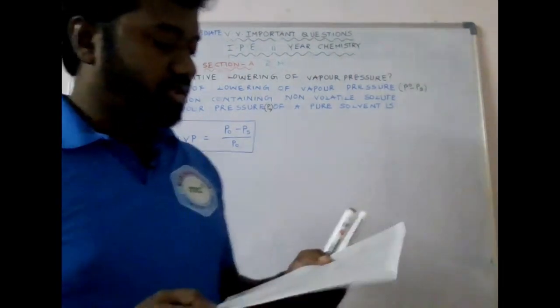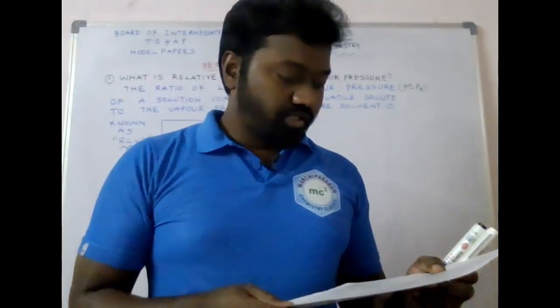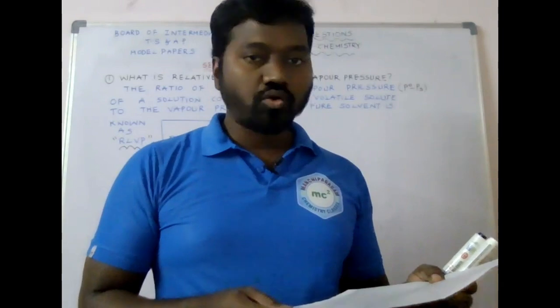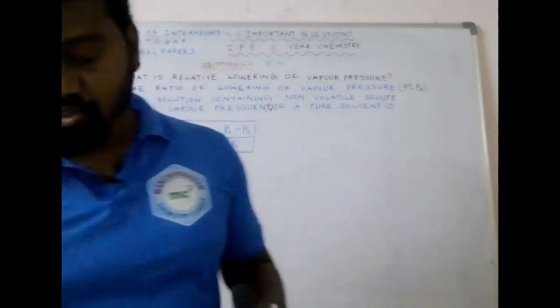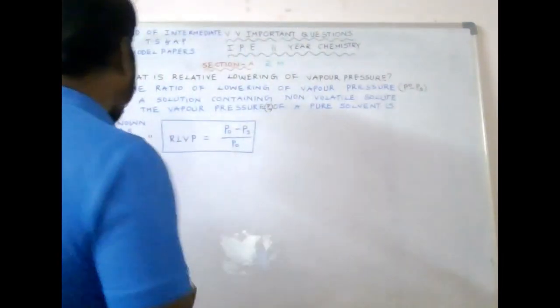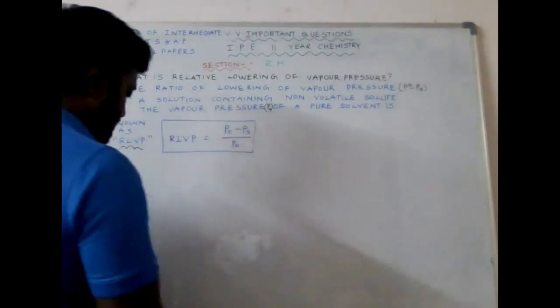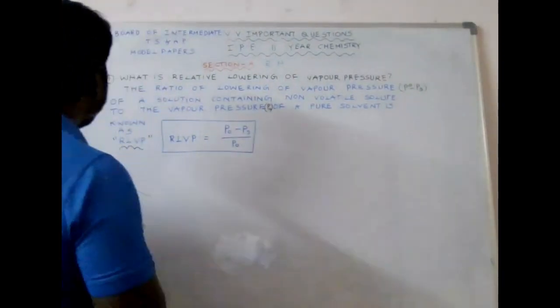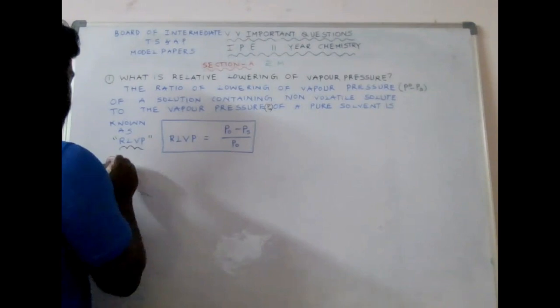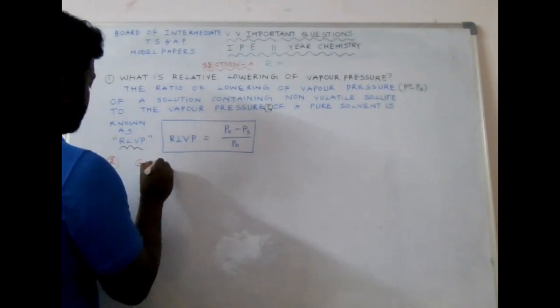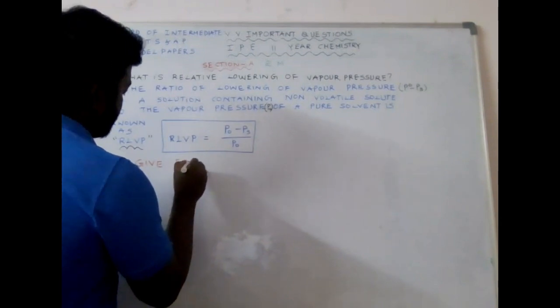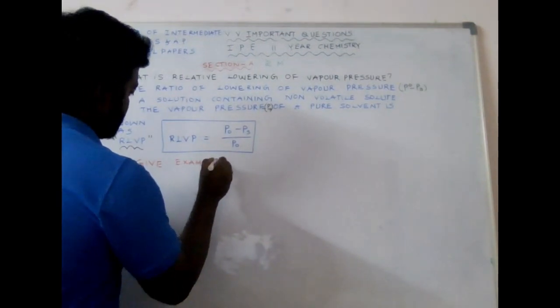The next question is, give 2 examples for zero order reactions. This question has come from chemical kinetics. Examples for first order and zero order reactions are important.